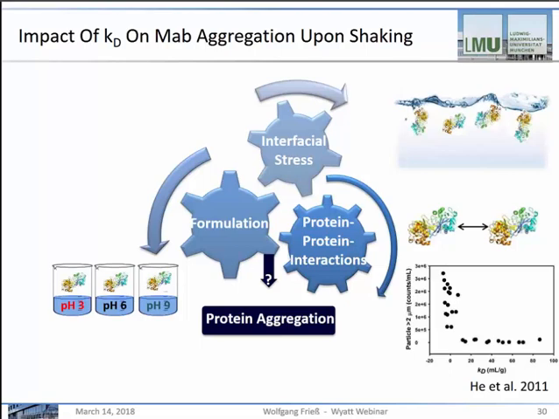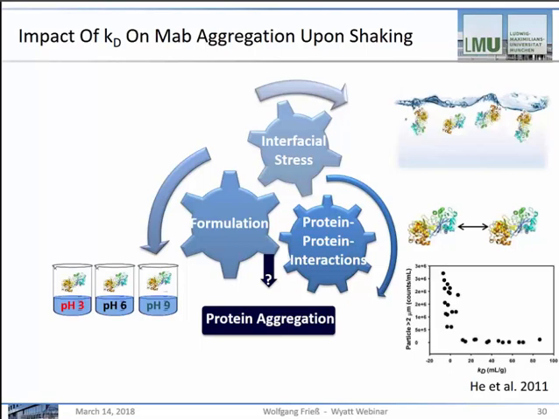And there's a hypothesis that these protein-protein interactions are important for the state and the formation of these aggregates upon mechanical stress. There had been a study by He et al., and they saw that with a higher KD, the particle formation upon mechanical stress in the formulation of one mAb was substantially reduced, whereas if the KD was at 0, or let's maybe call it low, we had substantial particle formation.